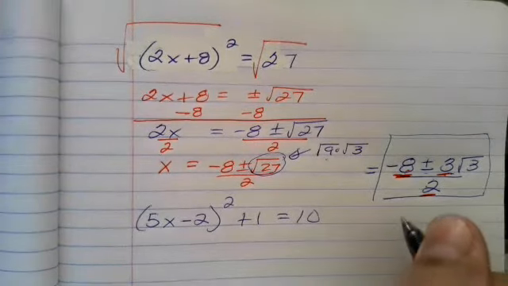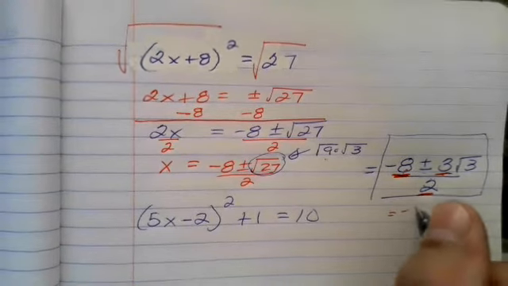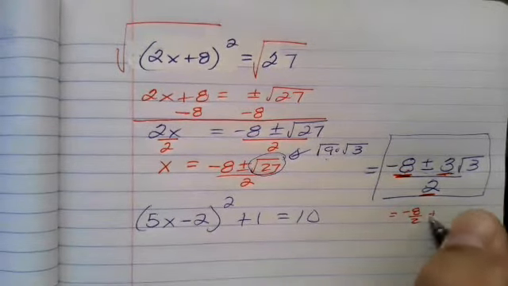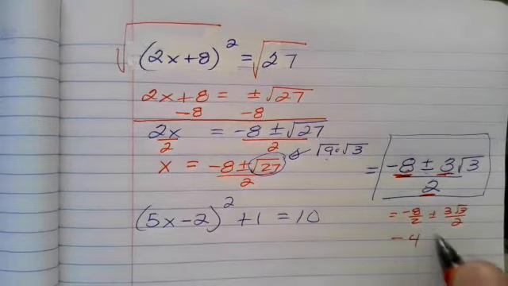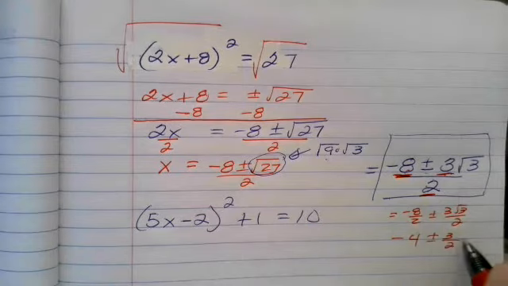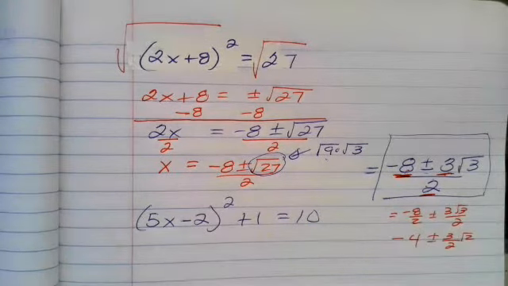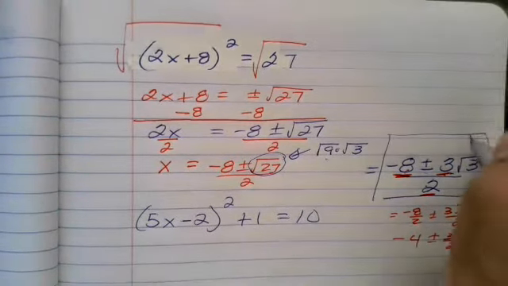Some might write this as negative 8 over 2 plus or minus 3 rad 3 over 2, and then that could be simplified as negative 4 plus or minus 3 over 2 rad 3. But that doesn't look any simpler. It actually looks worse to me. So I would stay with this.